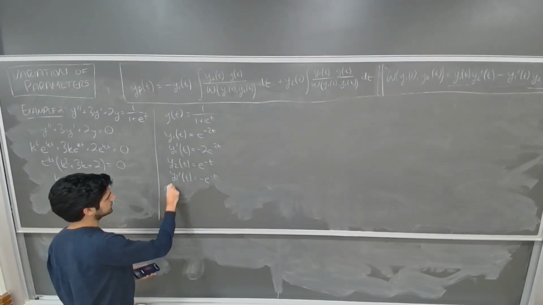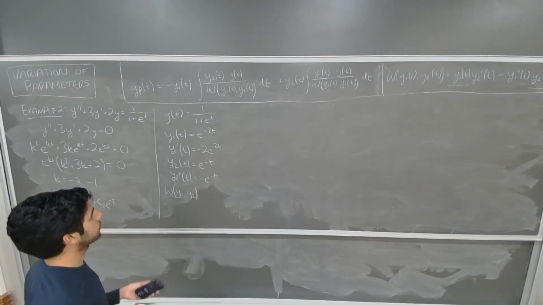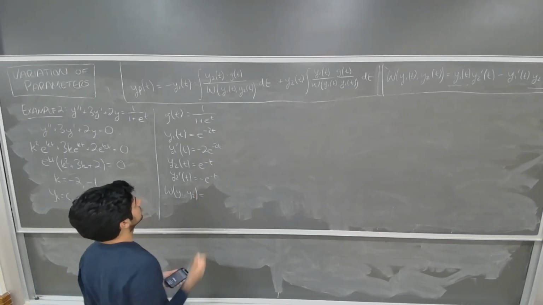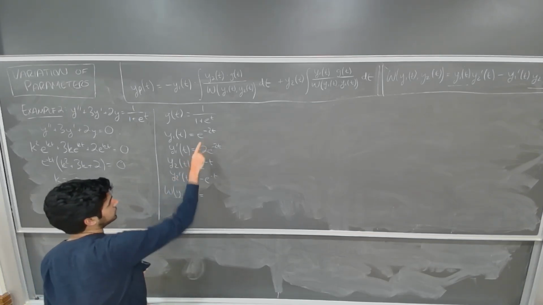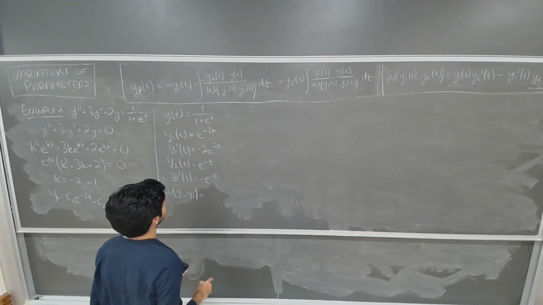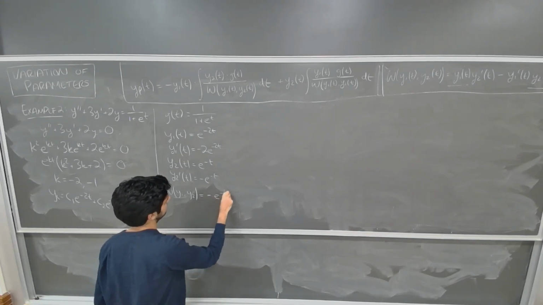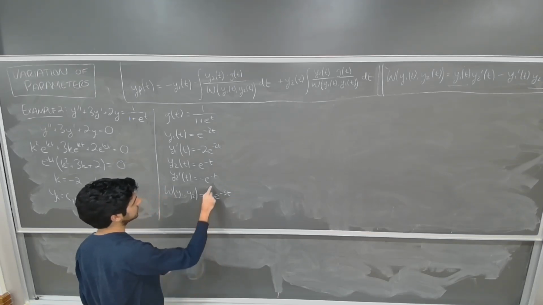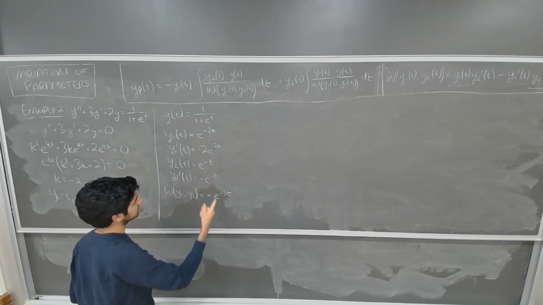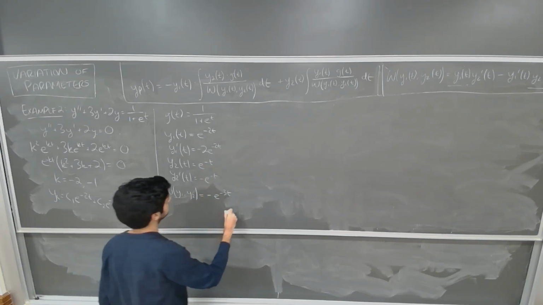And now for our Wronskian, we just use the formula. So y1 times y2 prime, that's going to be interesting. The like bases, but the exponents add, and then we subtract from that y2 times y1 prime.